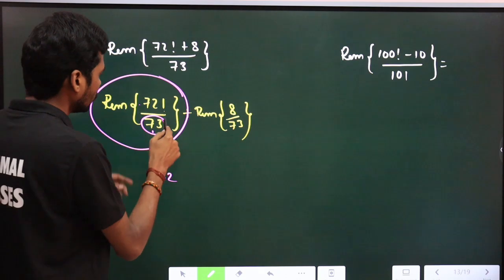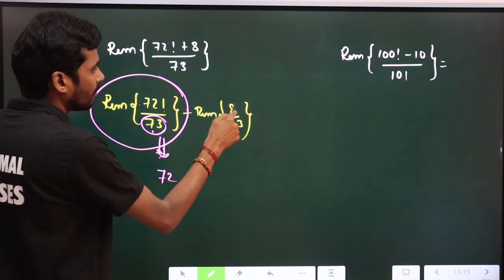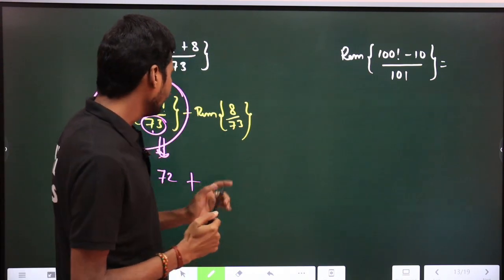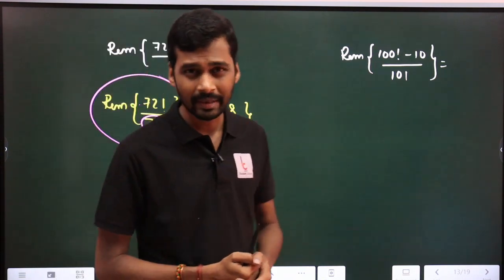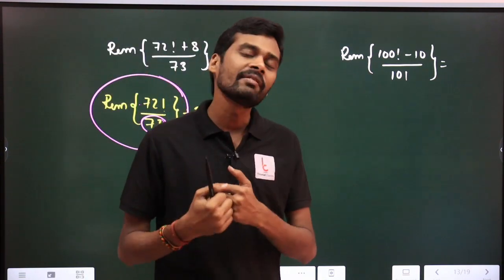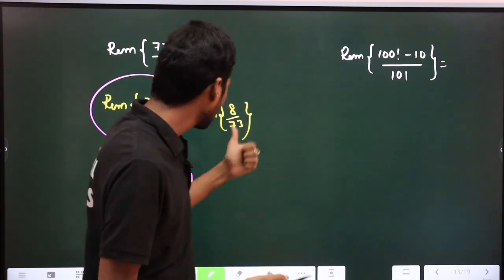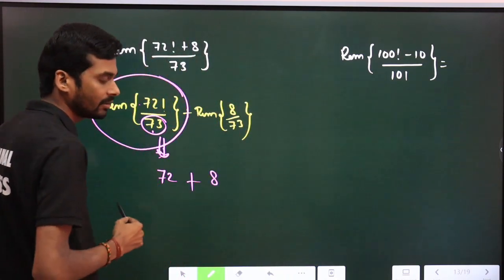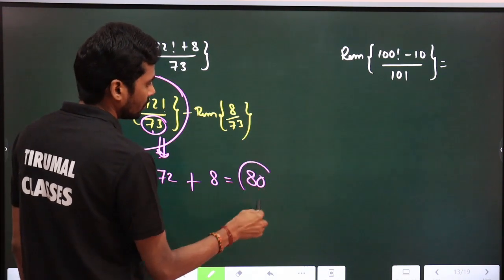So that is for this part, plus remainder of 8 by 73. 8 by 73 is a smaller number divided by a larger number. When a smaller number is divided by a larger number, the remainder is always the smaller number. So the remainder is 8. 72 plus 8 is 80.